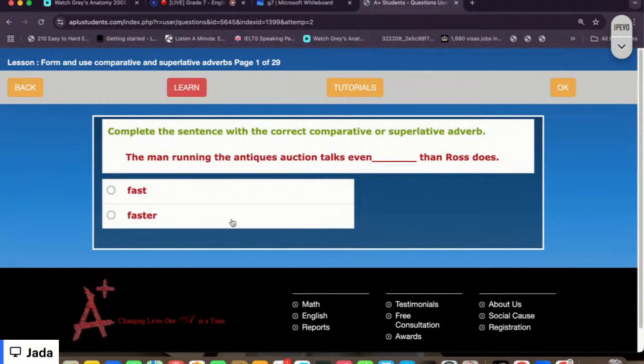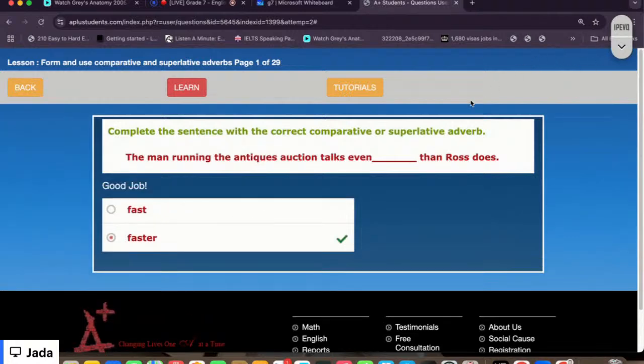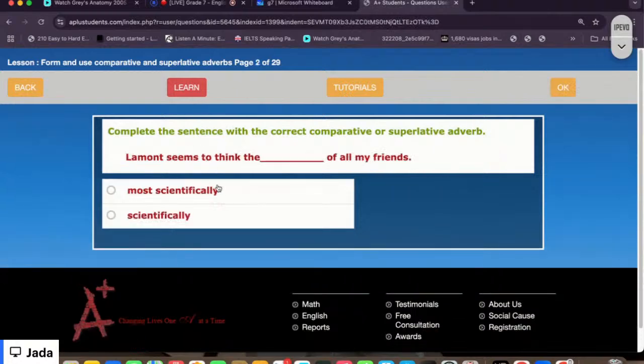All right, so talks even faster. Lamotte seems to think the dash of all my friends, the most scientifically or the scientifically.